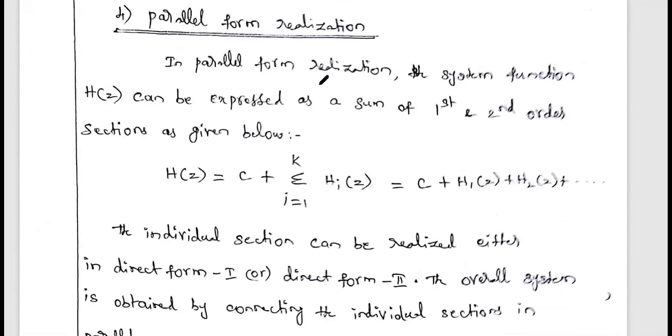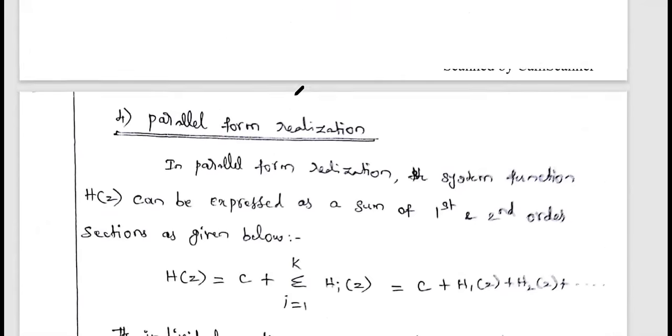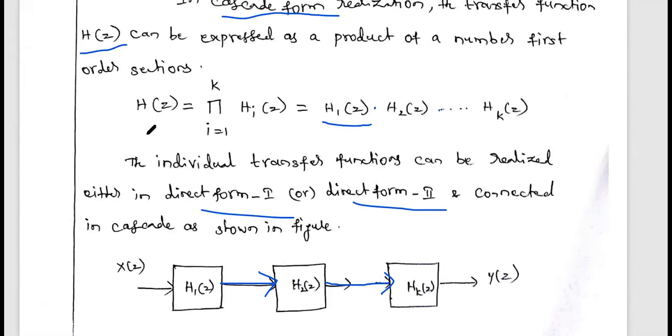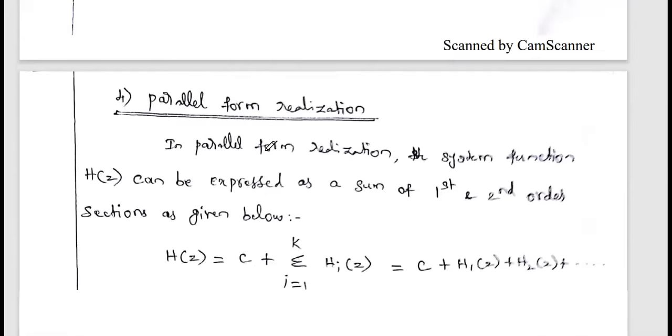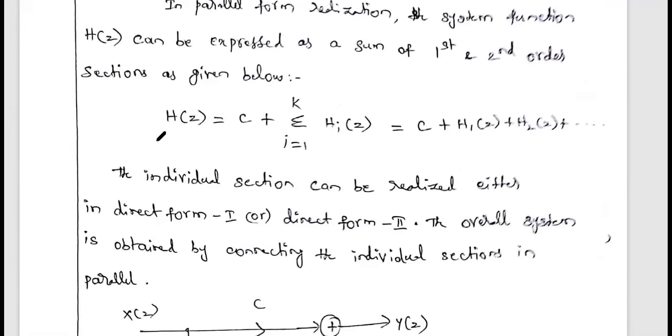In cascade form realization, the total transfer function H(z) can be written as a product of first order functions. In parallel form realization, the total transfer function H(z) can be expressed as an addition of single order functions.